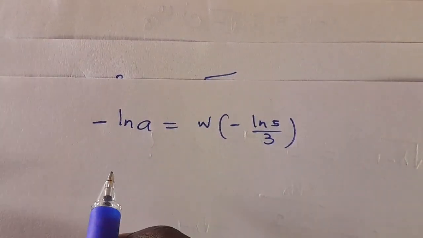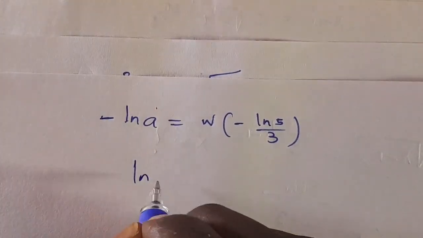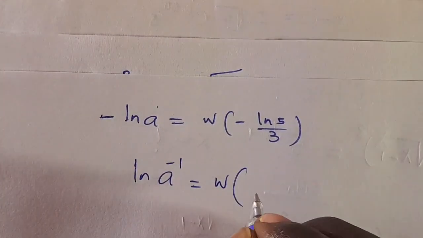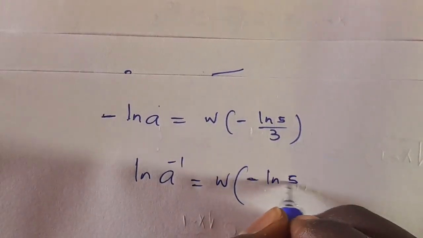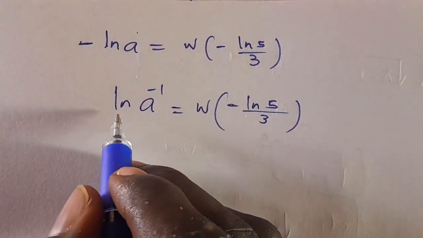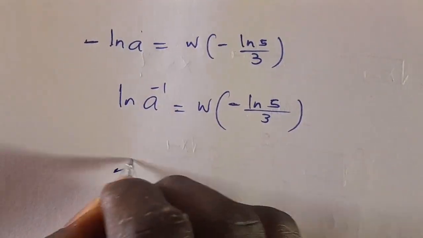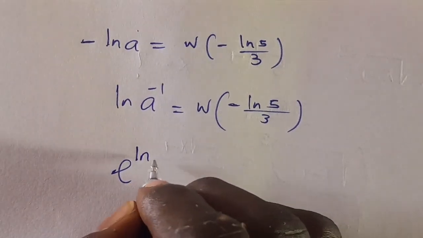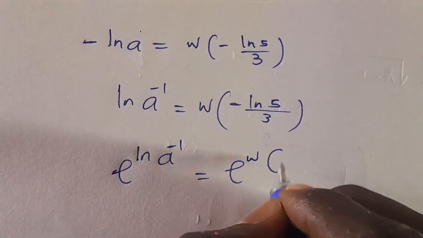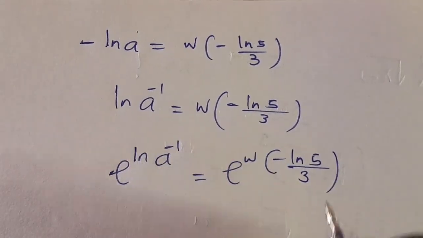Now from here, we can take this negative back as ln of A to the power of minus 1 equals W Lambert function of minus ln of 5 divided by 3. Now, to get out of this natural log, we can take the exponent of both sides. We have e to the power of ln of A to the power of minus 1 equals e to the power of W of minus ln 5 divided by 3.